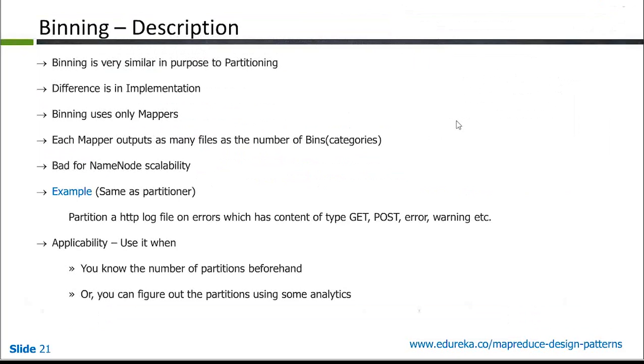So as I'll see in the structure for binning when I come to that slide, this can pose a scalability bottleneck for the name node, because if you have too many partitions, it's not a good idea to use binning. But with a small number of partitions, probably it does serve the purpose. And for example, in the kind of data sets we are using, it would have been completely fine to use binning as well.